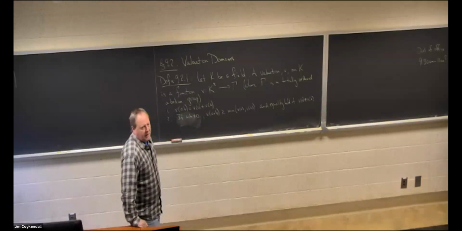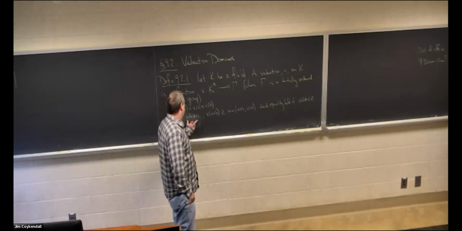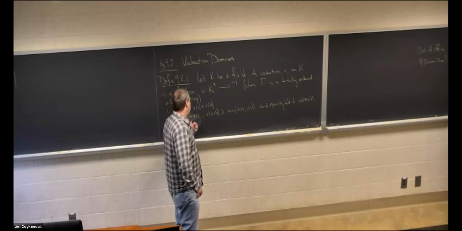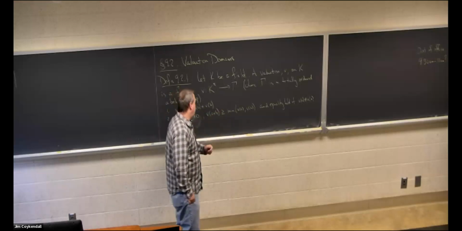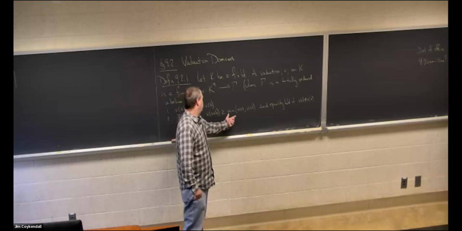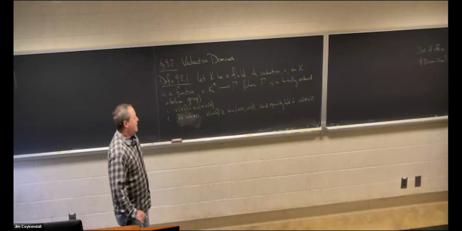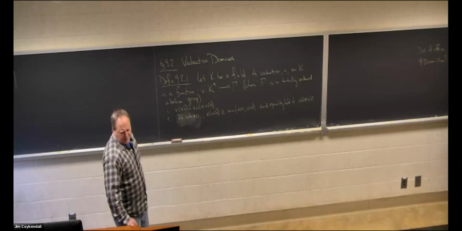And of course, I put in the caveat that A plus B is not zero, and of course, A and B are assumed to be non-zero so that I can take the value of them.